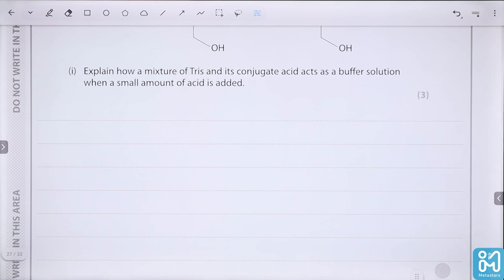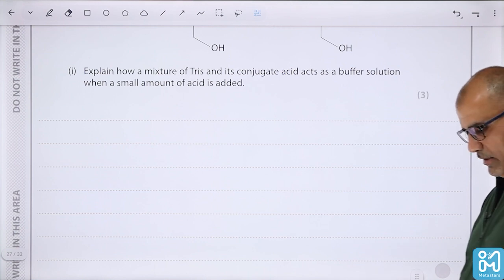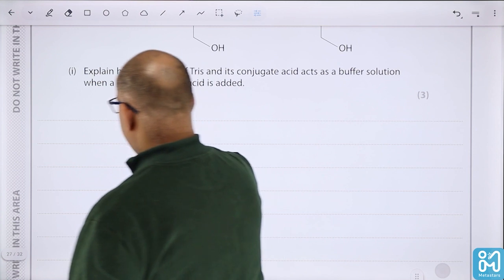Here you will find that if a small amount of hydrogen ion is added, the base and conjugate acid are present in a high concentration. So the ratio of the base to the acid only changes very slightly, and the pH changes very slightly.